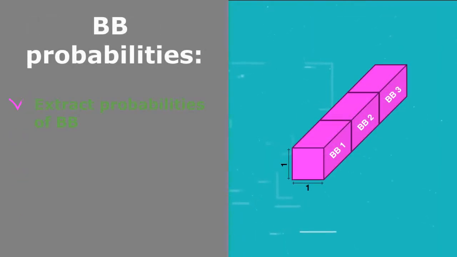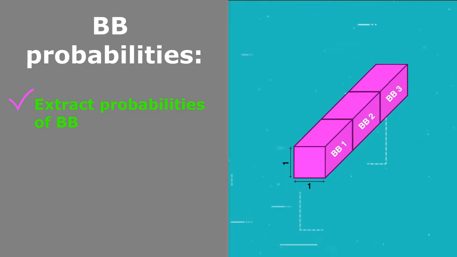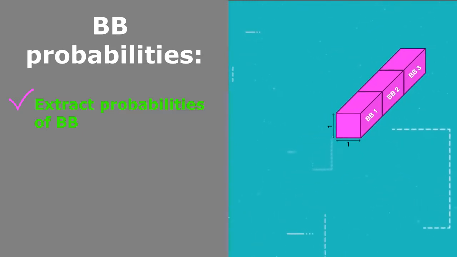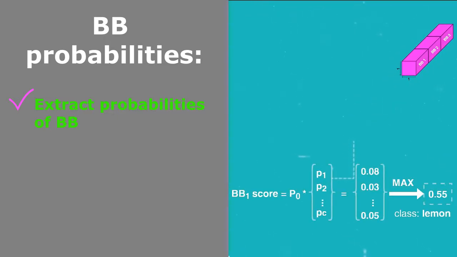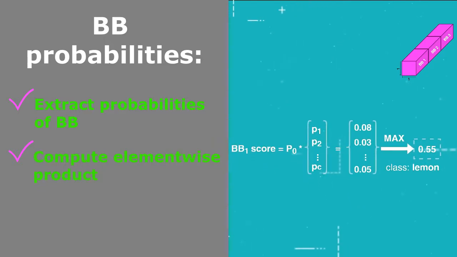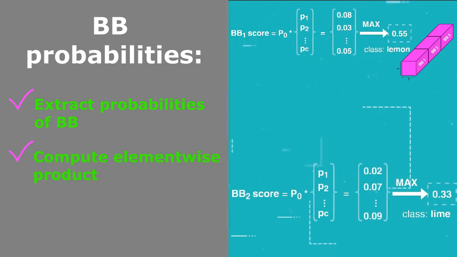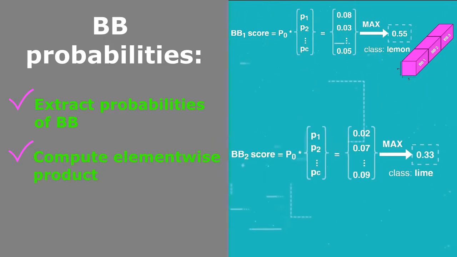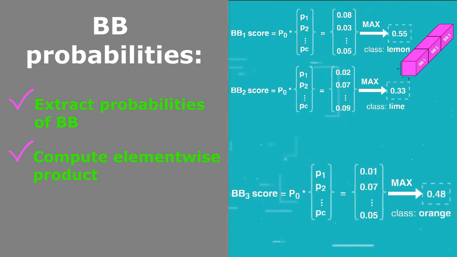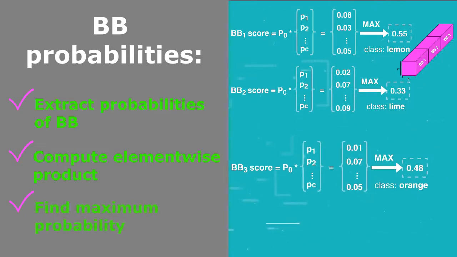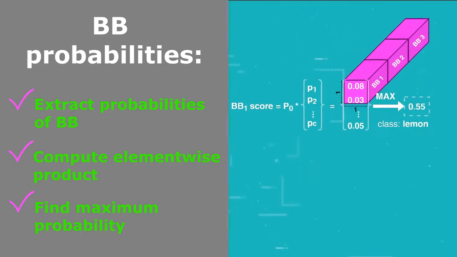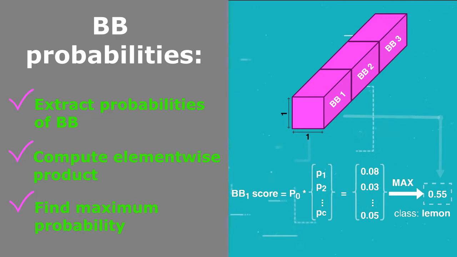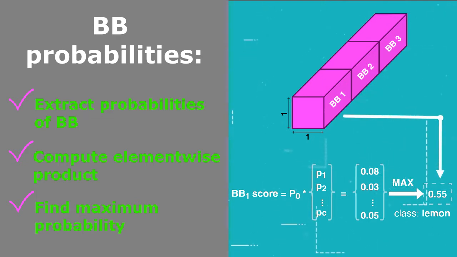And now we need to extract probabilities among the 3 predicted bounding boxes of this cell to identify that this box contains a certain class. To do that, we compute the following element-wise product of Objectness Score and the list of confidences. Then we find the maximum probability and can say that this box detects class lemon with probability 0.55.